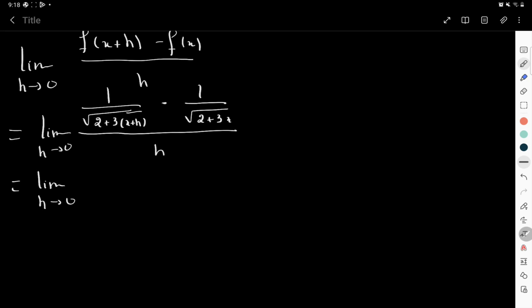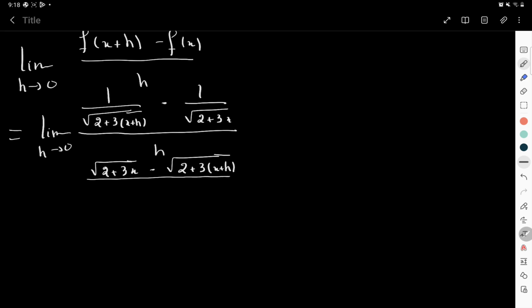Great. So what do I have here? I have a difference of two fractions on top. Well, what do I have to do? I just have to find the common denominator. Over the square root of 2 plus 3x times the square root of 2 plus 3 times x plus h, over h.